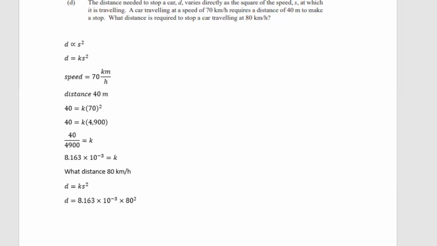When we do 8.163 times 10 to the negative 3 multiplied by 80 squared, what we'll get is d is equal to 52.24 meters, written to 2 decimal places. And that is our answer, and that is the end of question 2.